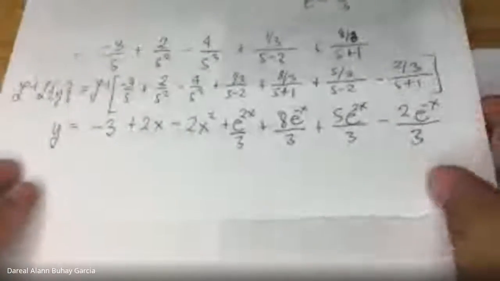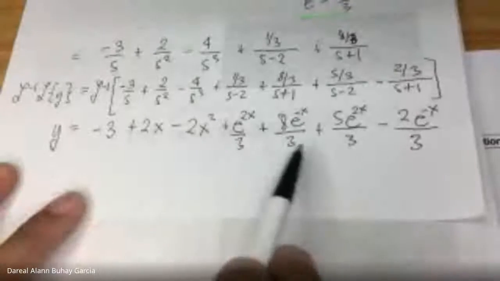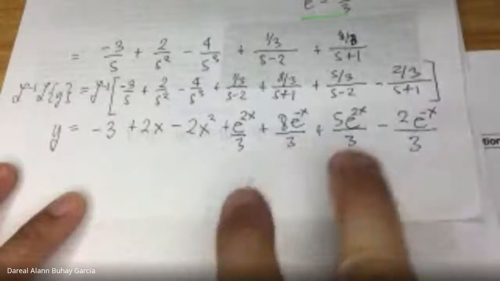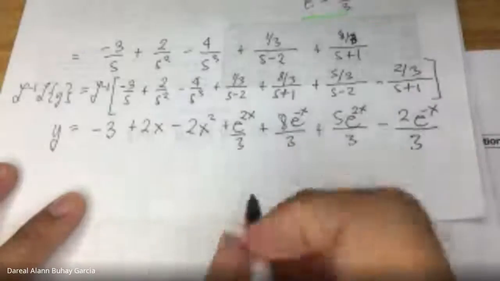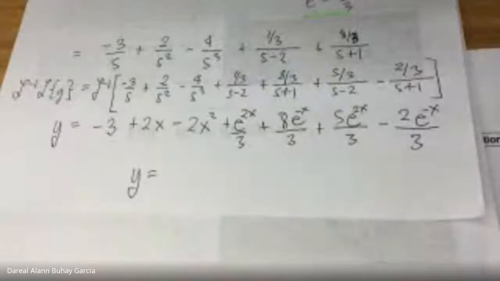Therefore, for the final answer, we just combine these. So 1/3 plus 5/3 is 6/3, or 2.